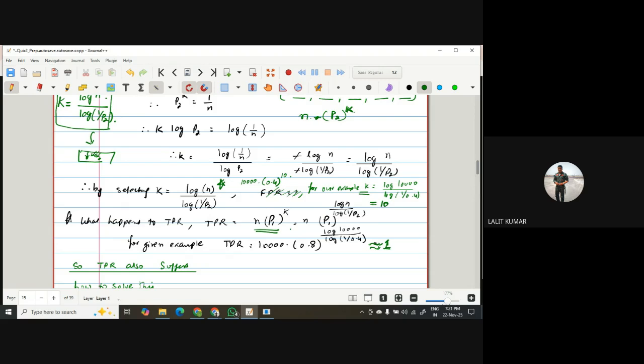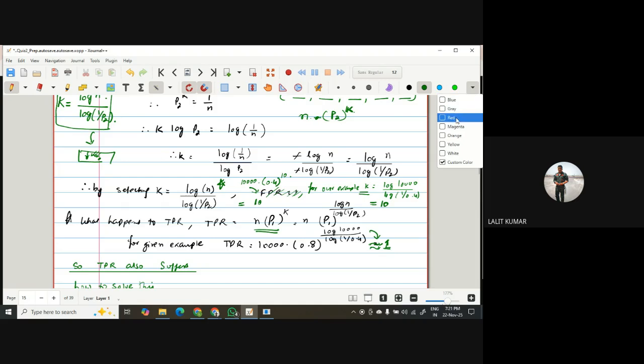Find this value, and your number of points will come approximately around 10. So you have reduced your FPR, but your TPR has also been reduced by this AND function.